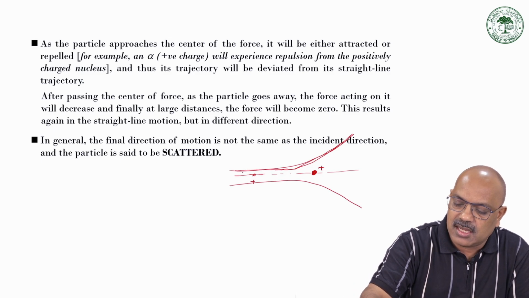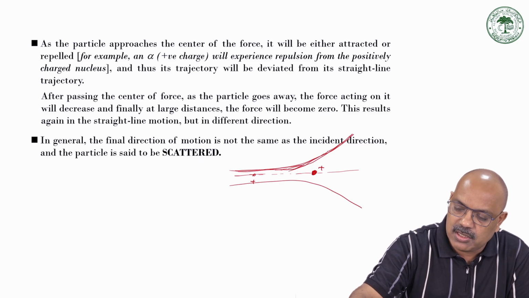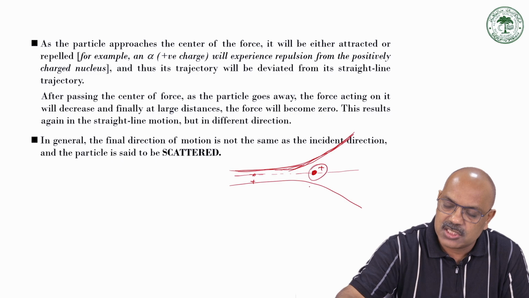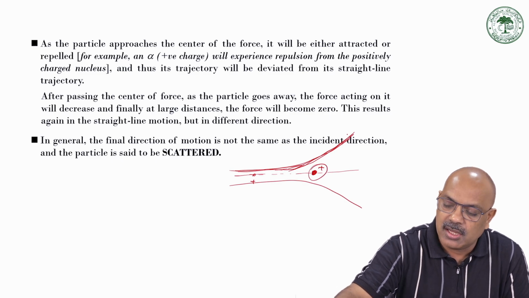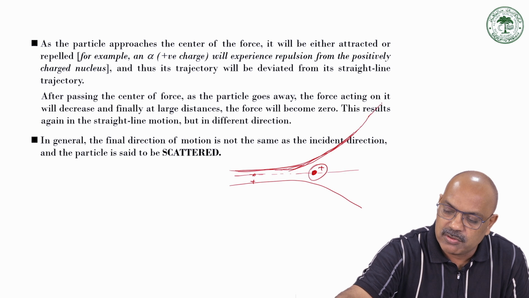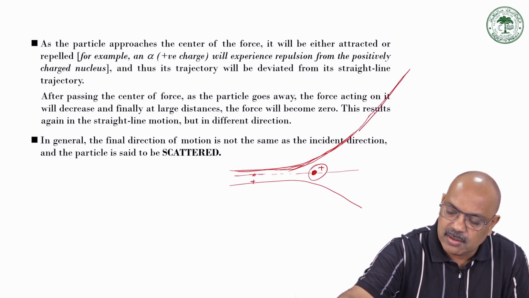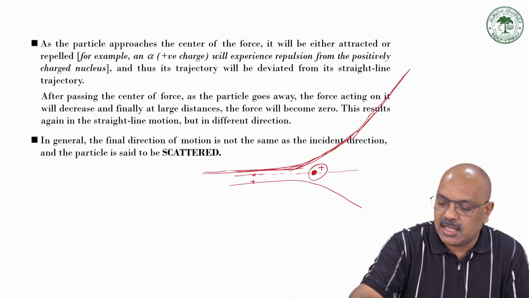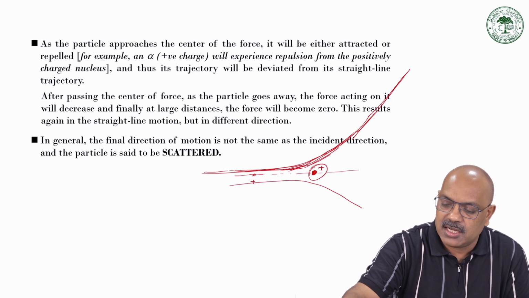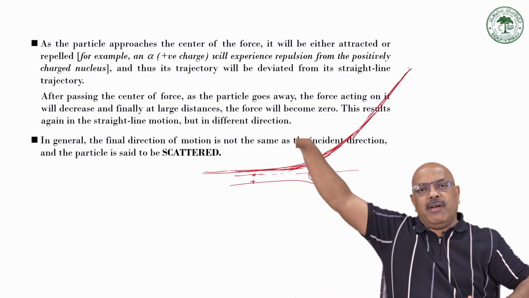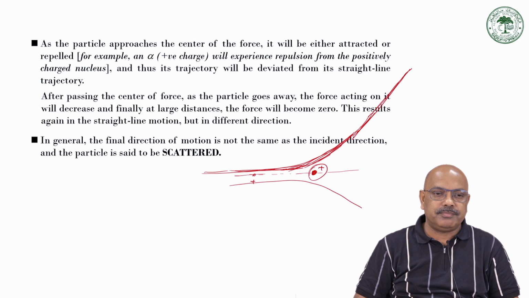As it goes away, the force because of this potential goes to 0, and the particle again moves in a straight line. Earlier it was coming from infinity in a straight line, then within the vicinity of that potential it deflects its path, and at a large distance it again has straight line motion.